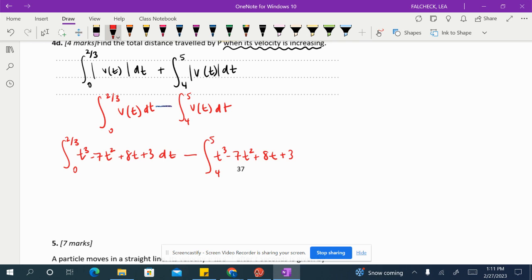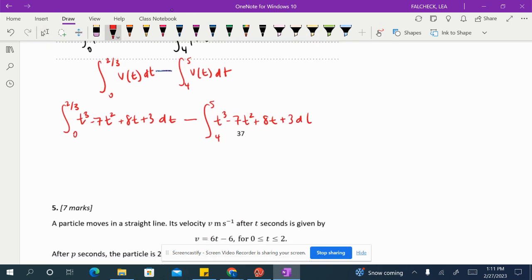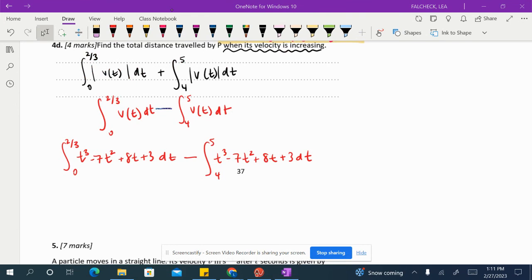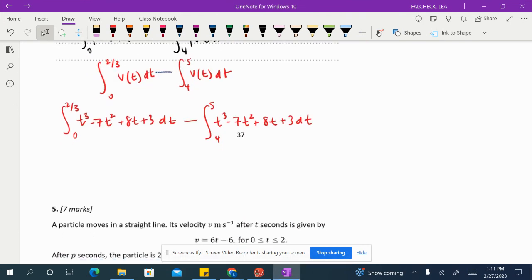So you can type this stuff into your calculator and find it out. Also, you had to use your calculator in order to take a look at the graph and see what we were doing here. So if you want to do this by hand, feel free to do it by hand. You would be getting something that looks like this.